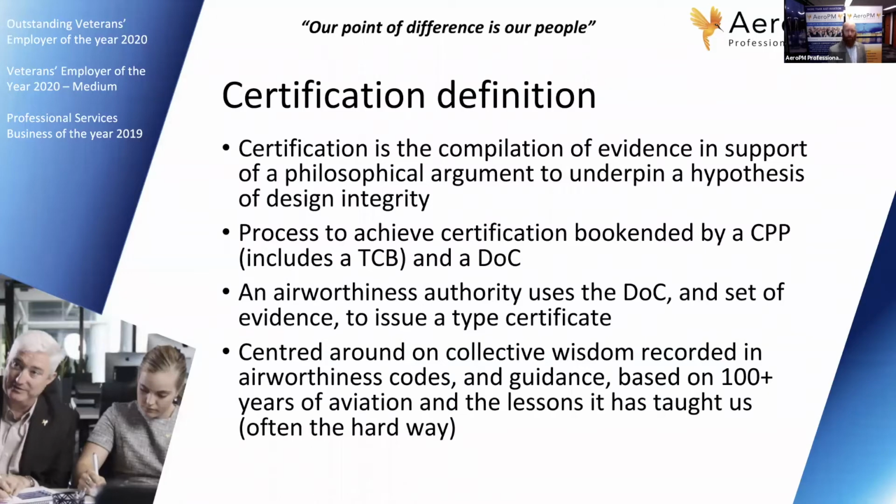It starts with your certification program plan, which we'll talk about a little later, and that's a contractual-like agreement between an applicant, someone who's applying for a type, and the regulator, who agrees that if all these activities are met to a satisfactory standard, they will issue a type.